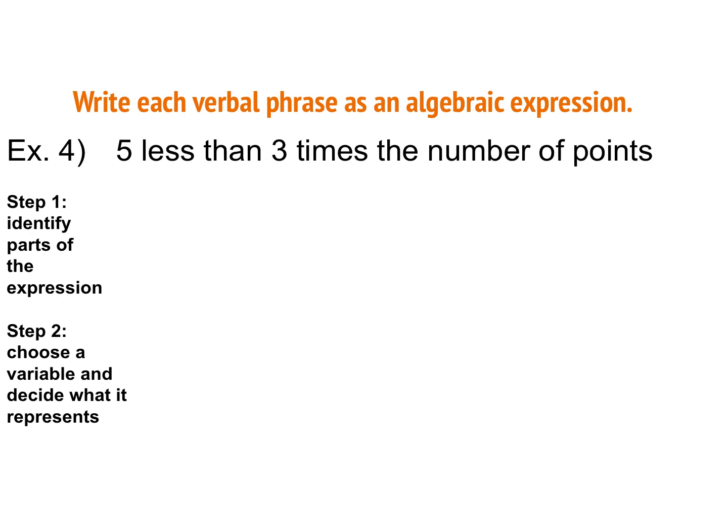All right, let's look at example 4. I have 5 less than 3 times the number of points. When I see that word "less," we've got to be careful. I know it is subtraction, but please be careful with this one. So I do have 5 less than 3 times the number. So 3 times, and then a number of points. So the number of points is my unknown. So we're going to actually start with what's being multiplied.